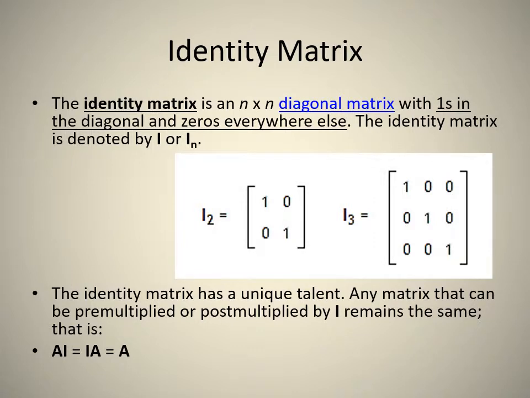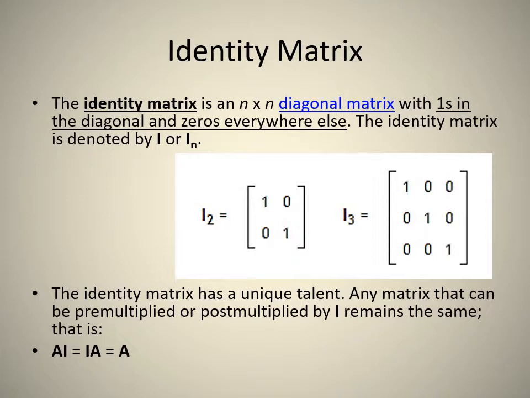An identity matrix is basically a square matrix, but it is also a special type of square matrix, a diagonal square matrix. You will remember from other parts of this course, we have talked about a square matrix being a matrix with an equal number of rows and columns.